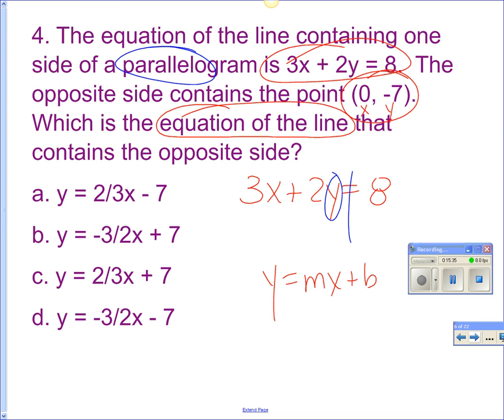Daria, what moves to the other side? So I'm minus 3x. Daniel, what else do I do? Andrew, which part of this do I want?